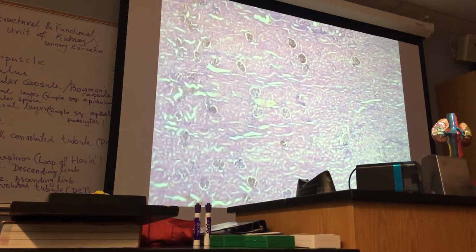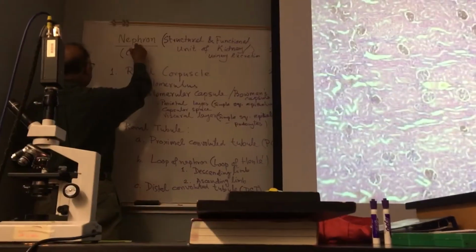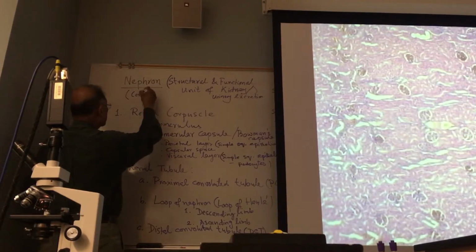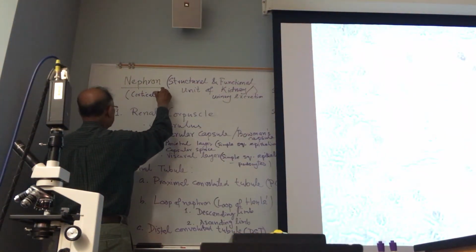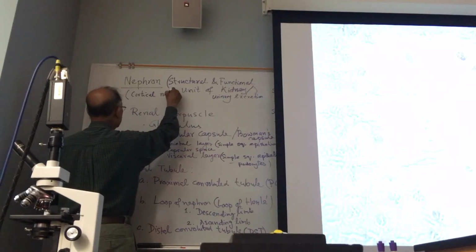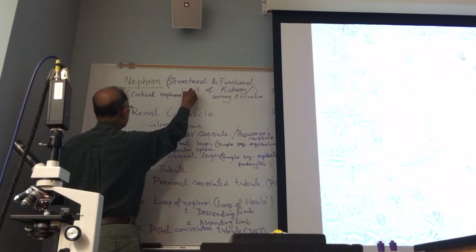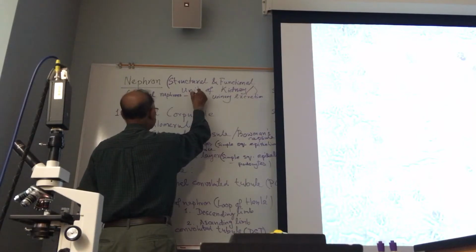As you will learn, there are two types of nephron. Let me write down. These are small cortical nephrons, about 85%.